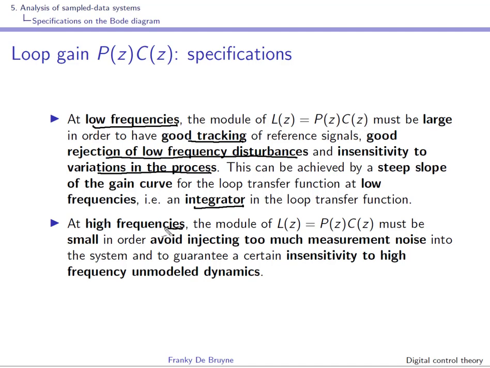At the high frequencies, this loop gain in module must be small, in order to avoid injecting too much measurement noise, in order to avoid amplifying the measurement noise, and also to guarantee a certain insensitivity to high frequency unmodeled dynamics.